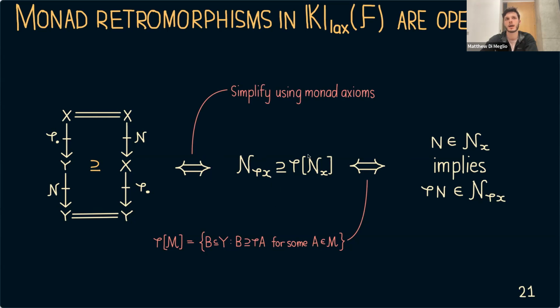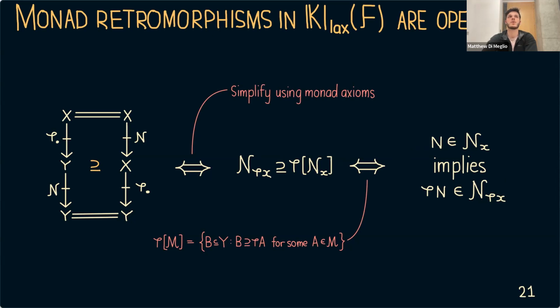And when you unpack what the image of a filter is, you get this condition: if N is a neighborhood of x, then phi of N is a neighborhood of phi of x. This is also equivalent to saying that the image of every open set of X is open in Y. So the monad retromorphisms are the open maps.